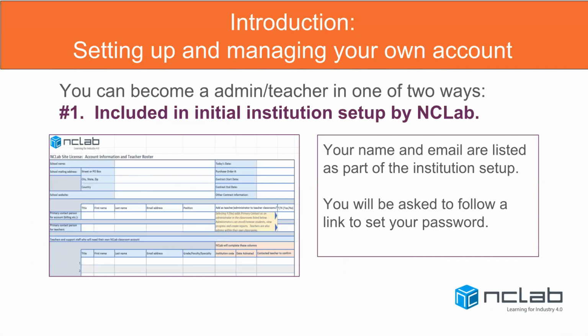All right, so there's a couple ways you can become an admin or a teacher. And one of those is to be included in the initial institution setup. The form that you see on the screen actually came out of trying to set up all the libraries last year. This way, whoever is at the state level can send us the primary contacts.